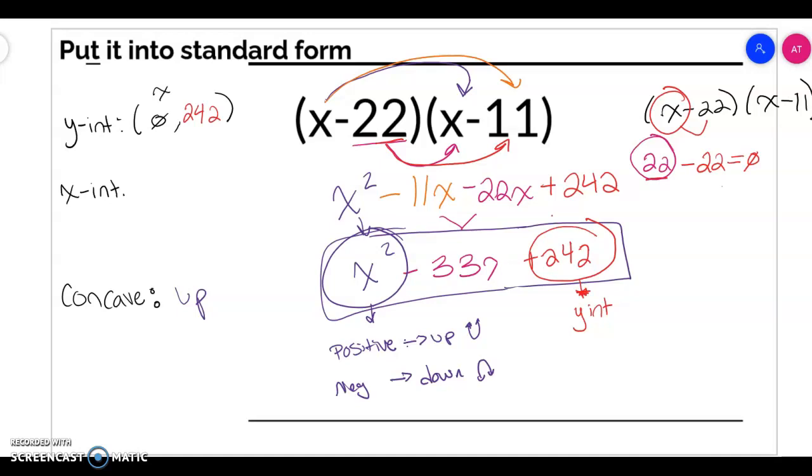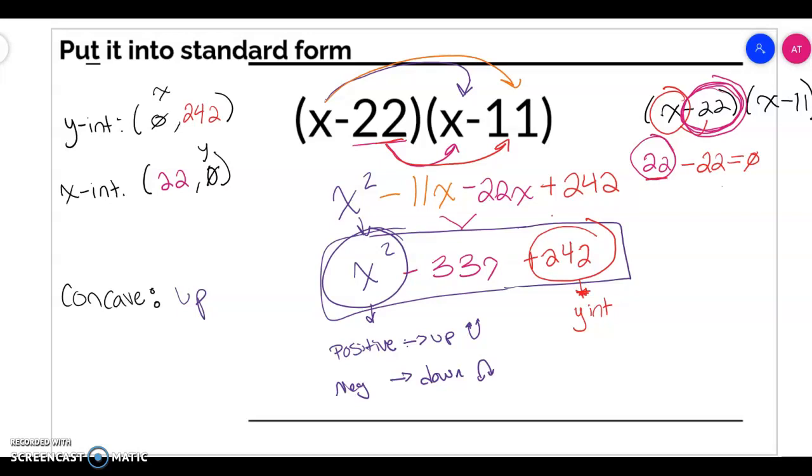So essentially what I'm doing is taking the opposite of whatever is next to the x in our parentheses and flipping the sign. So instead of a negative 22, I have a positive 22. So I have 22 in place of my x. So I have 22, comma 0. Remember, x-intercepts, the y is 0.